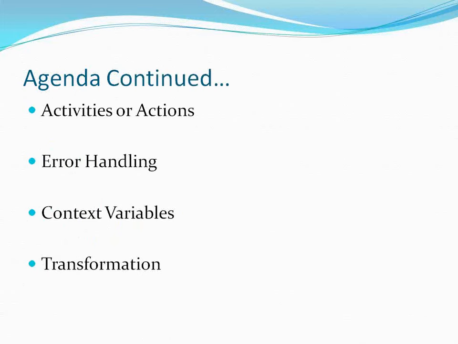Whatever request comes, if you use the $body variable in the request pipeline, that will be treated as your request body. The same inbuilt variable you can use in the response pipeline.